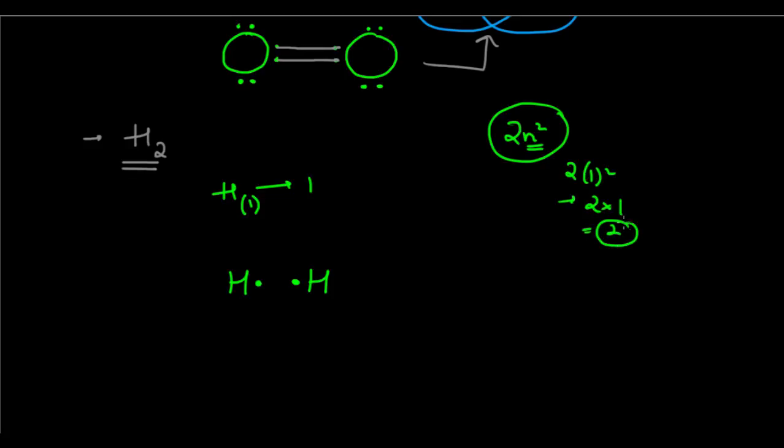So the first shell can only accommodate 2 electrons. That's why hydrogen looks for a duet configuration, not for an octet configuration, because its outermost orbit happens to be the first orbit itself, right?